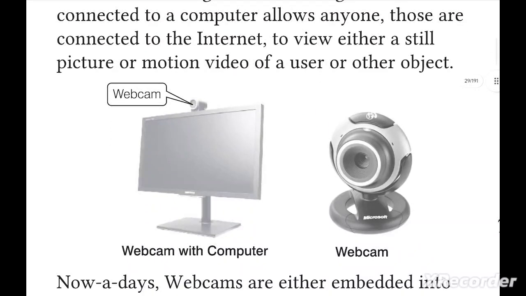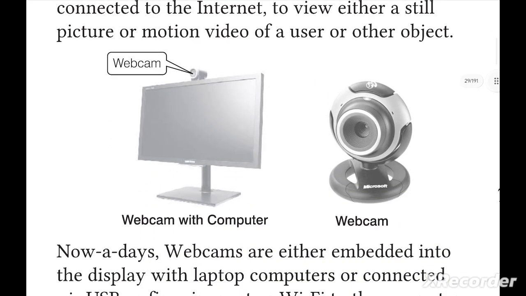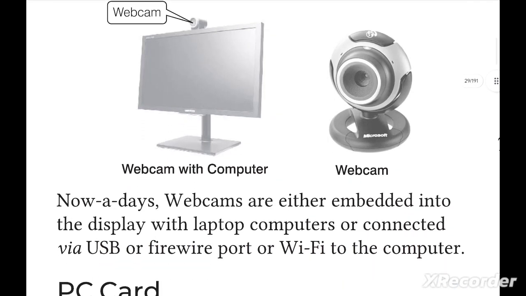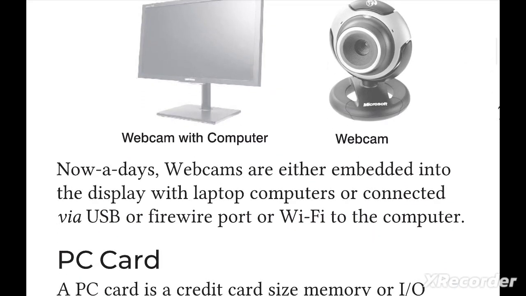This is a webcam with a computer. Nowadays, webcams are either embedded into the display with laptop computers or connected via USB or FireWire port or Wi-Fi to the computer.